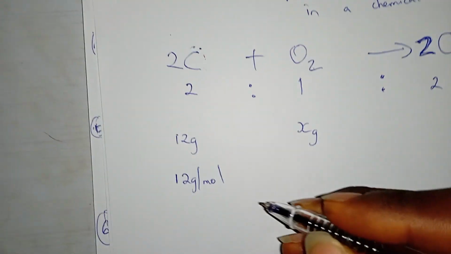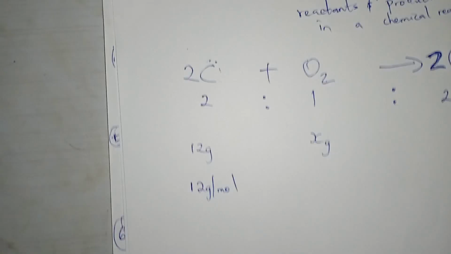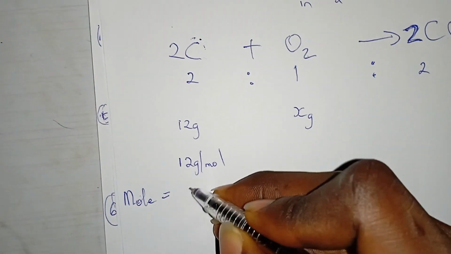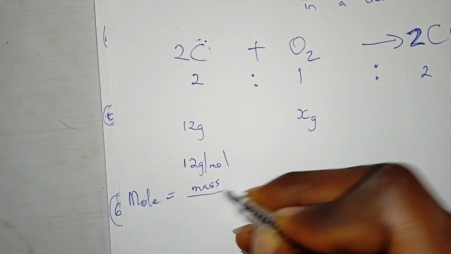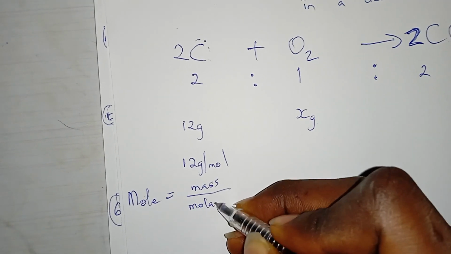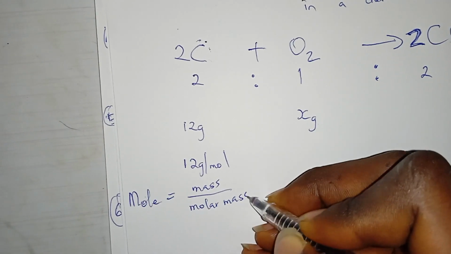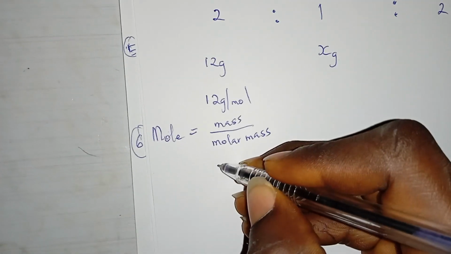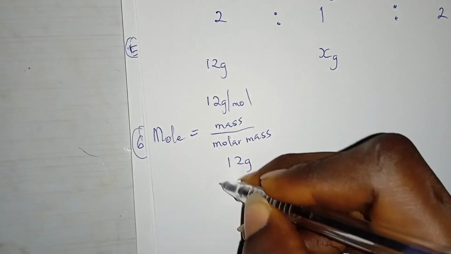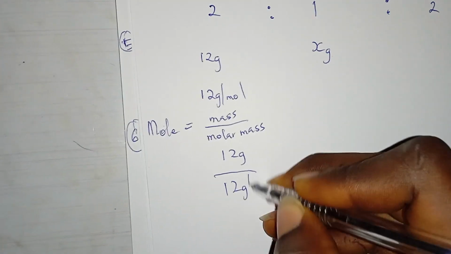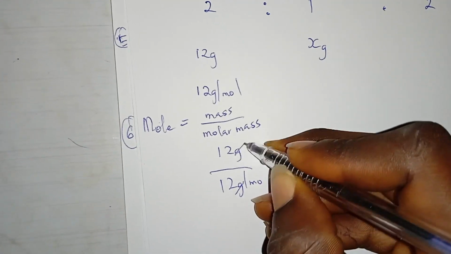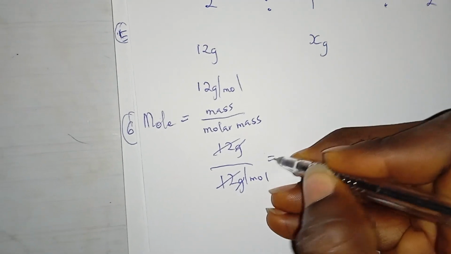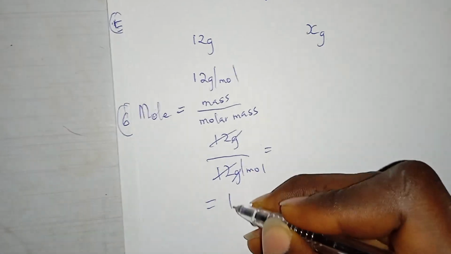So I know that mole is the same thing as mass over molar mass. Here I'm given a mass of 12 gram all over 12 gram per mole. This cancels this, so that I have just one mole.